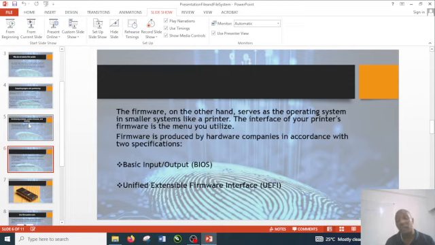So we say firmware is the first application to launch when you turn on your computer. When you turn on your computer, the first application to be launched is the firmware. And the firmware's duties include starting the computer, so when you start the computer, that work is done by the firmware, running the operating system, and also giving it overall system control.